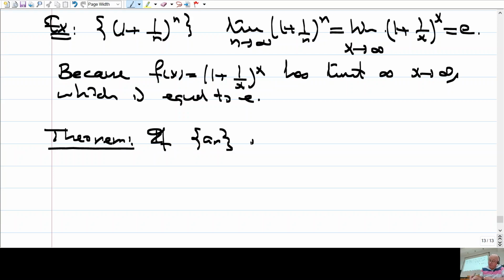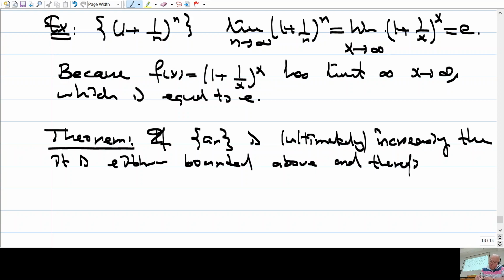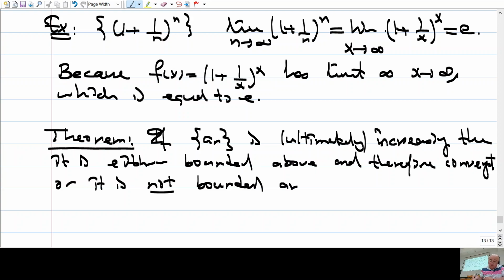If a_n is ultimately increasing, then it is either bounded above and therefore convergent, or it is not bounded and diverges to infinity.